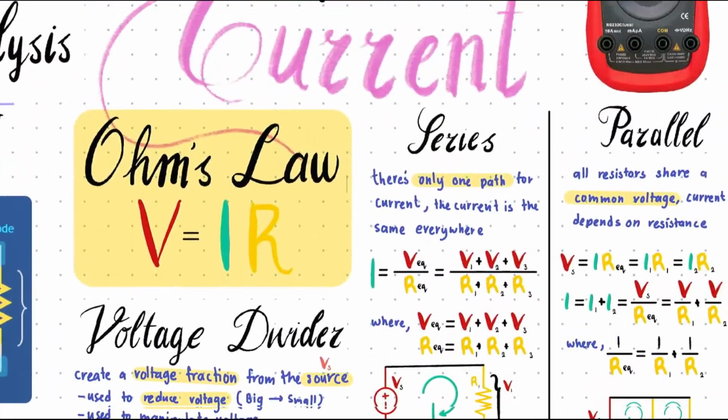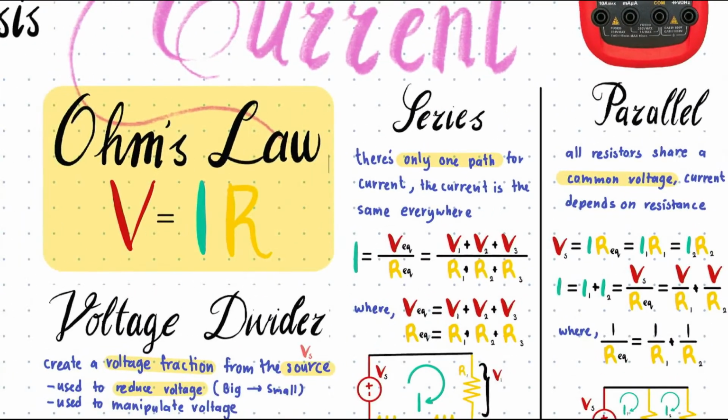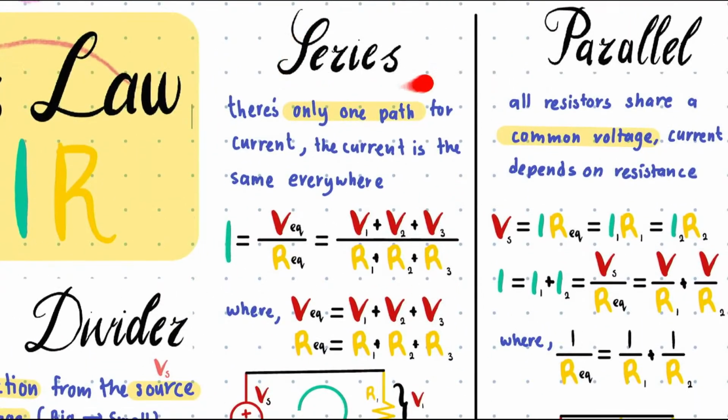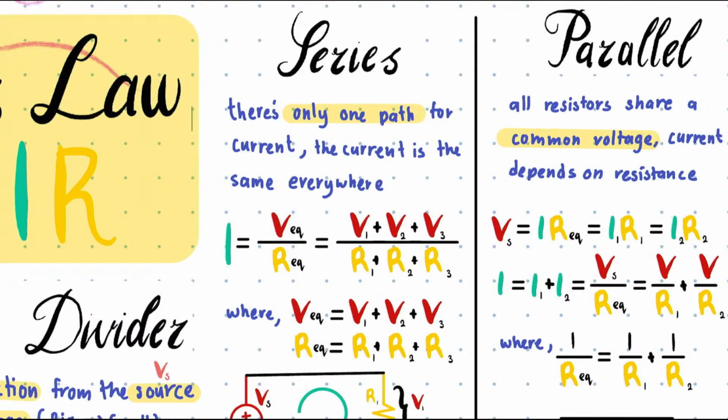So now we talk about series and parallel circuits. So in a series circuit, there's only one path for current. The current is the same everywhere. Parallel circuits, all the resistors share a common voltage and the current depends on the resistance.